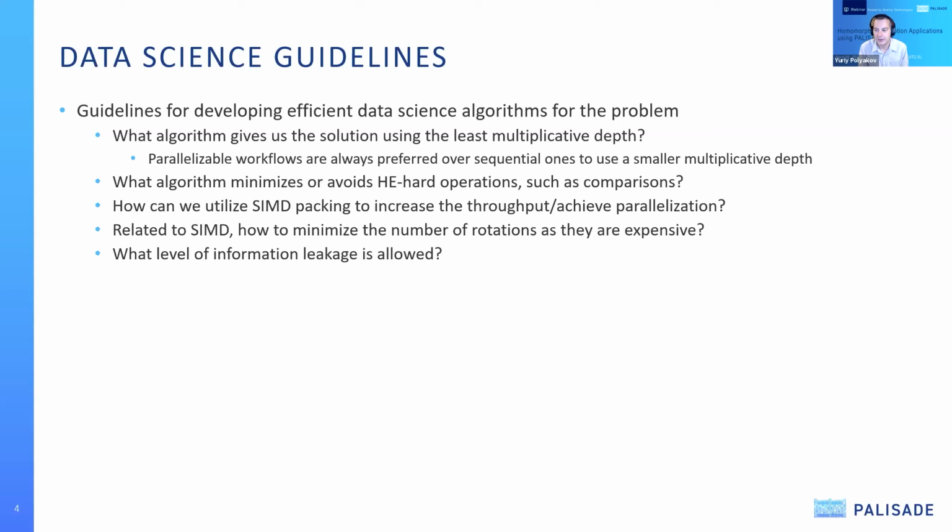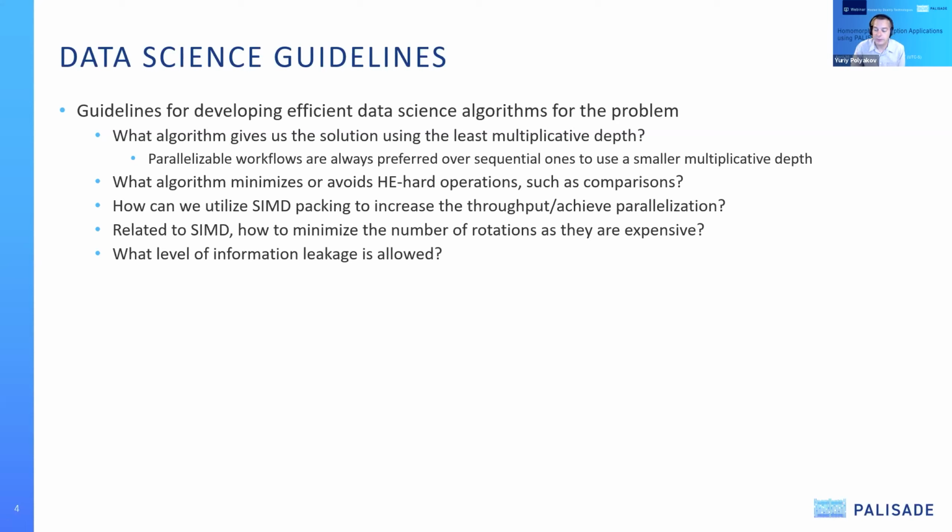Like in this case, we're talking about the GWAS problem. And the requirements for this algorithm may be quite different from what one deals with in the conventional domain in the clear. For instance, in the case of homomorphic encryption, we have to be mindful of the multiplicative depth.